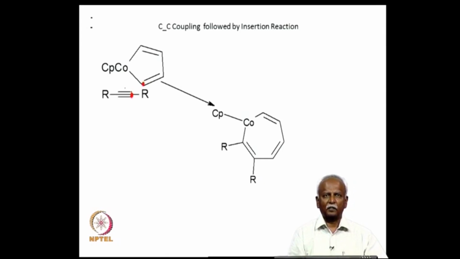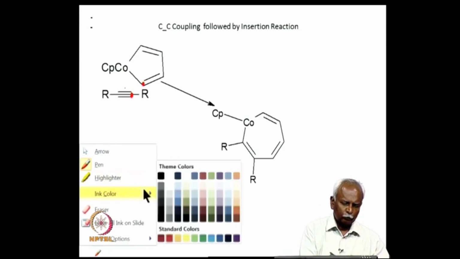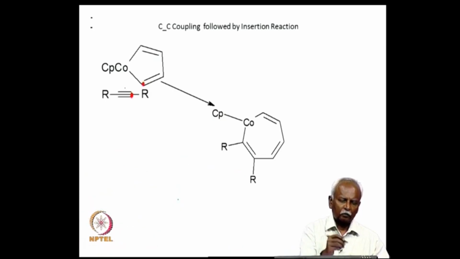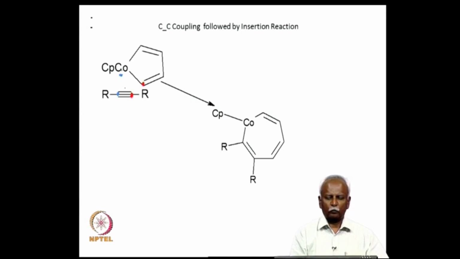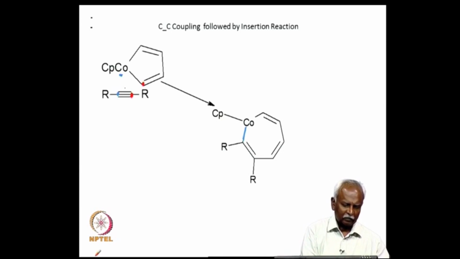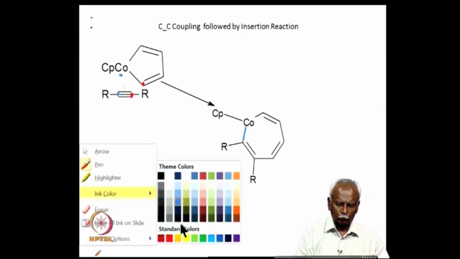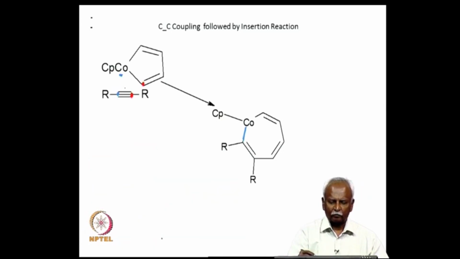Both of them are marked in red. And if you mark the other acetylenic carbon and the cobalt center, if a new bond is formed here, that will lead to the formation of this blue bond here. So, let us mark the 2 colors that we have.